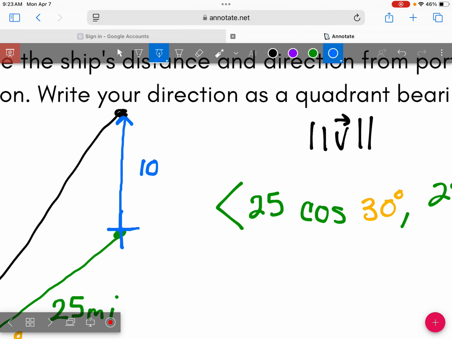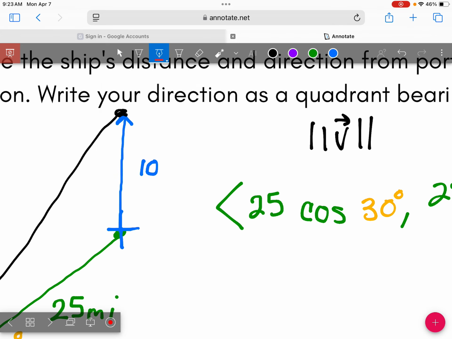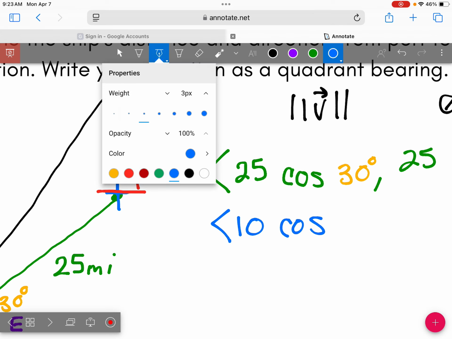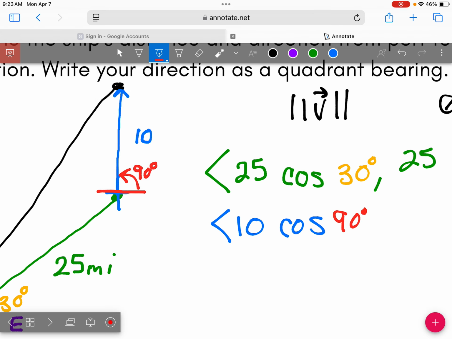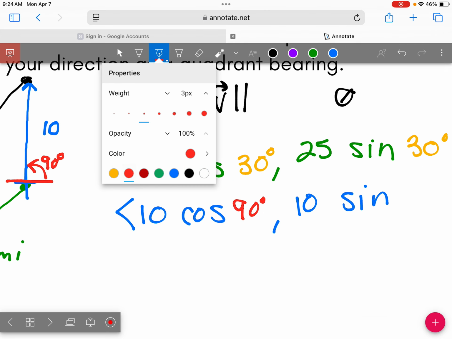What if we wanted to write a vector for the blue piece here? 90, right? Our angle is this guy, so we're going to have our angle as our 90 degrees. And our 10 sine of 90.